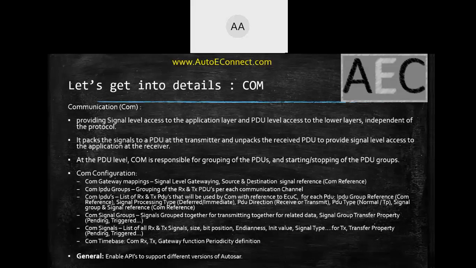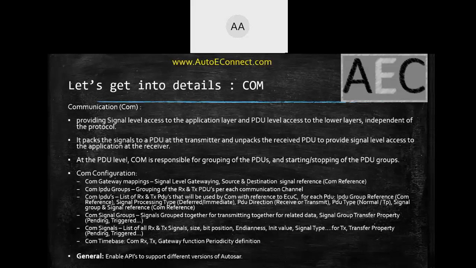It's very critical. The reason I say it is very critical is, for example, in your list of PDUs which are processed by the COM, we have to configure the periodicity of this COM RX.